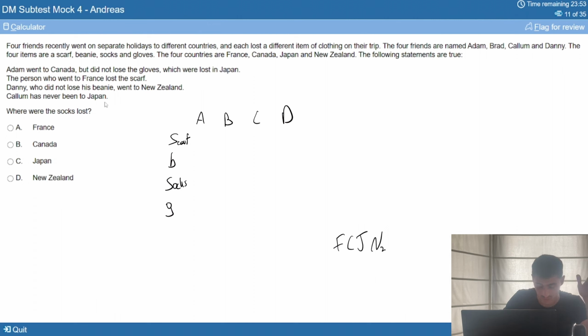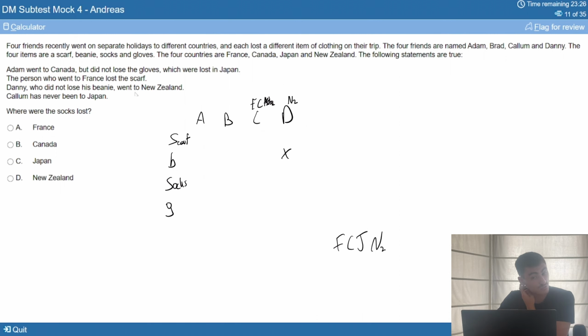Callum has never been to Japan, so C has never been to Japan, so it's either France, Canada, or New Zealand. D, who did not lose his B, so I'm putting it across here on their overlap, D and B, went to New Zealand. So this means C did not go to New Zealand, so he either went to France or Canada.